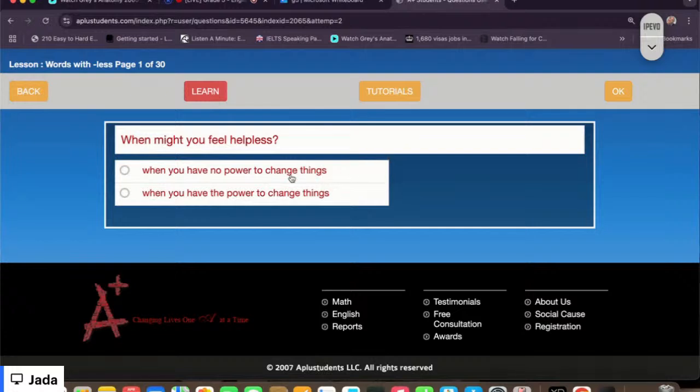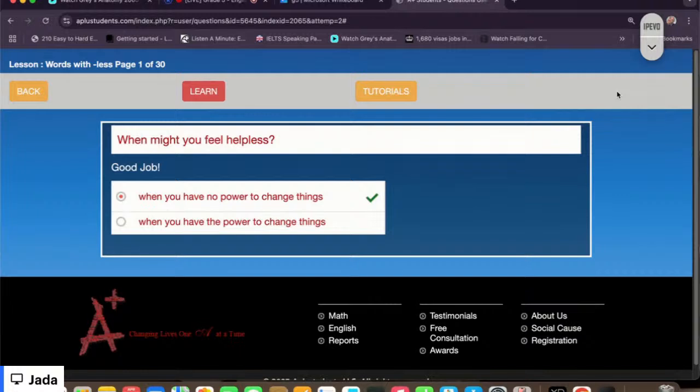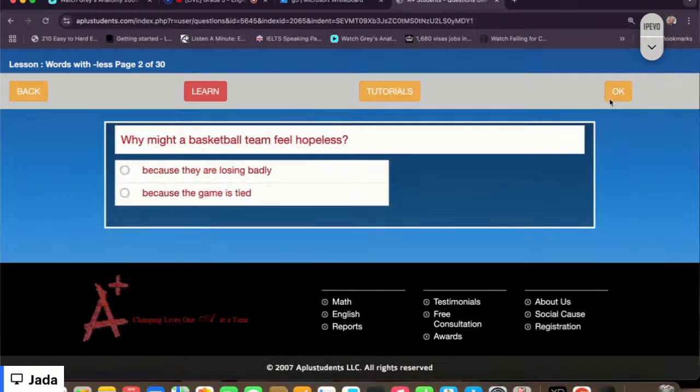Helpless is when you have no power to change things. So it's like without help. You have a situation that is just very difficult, and of course you would be helpless.